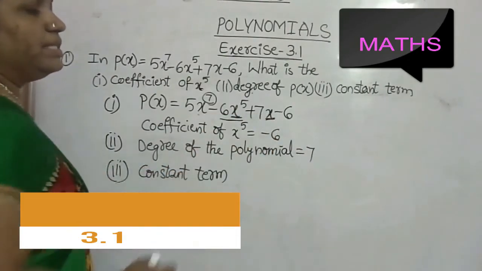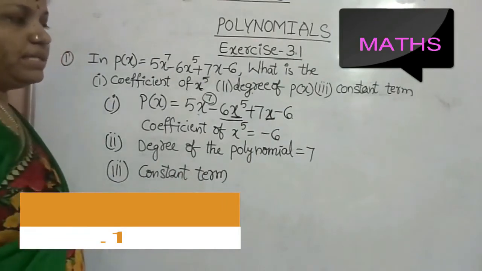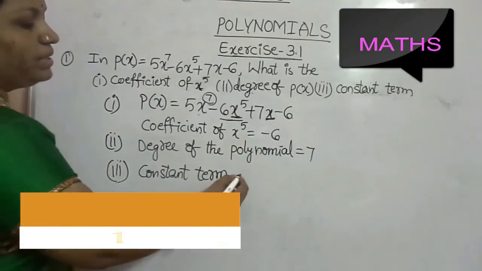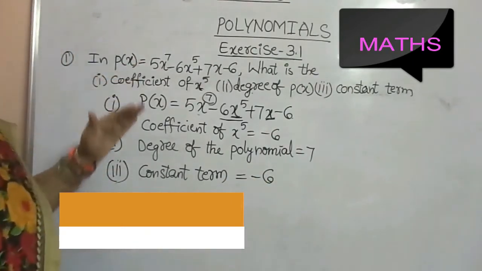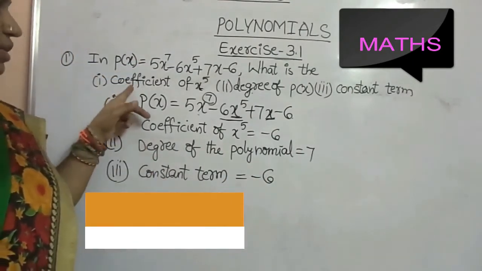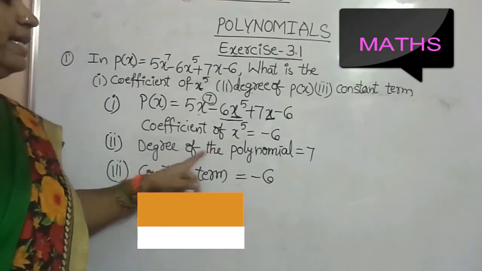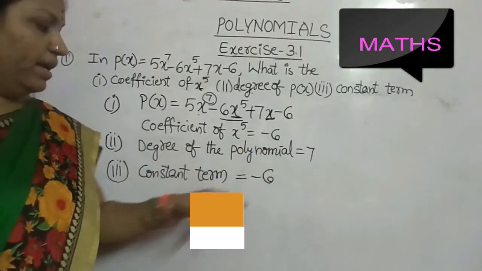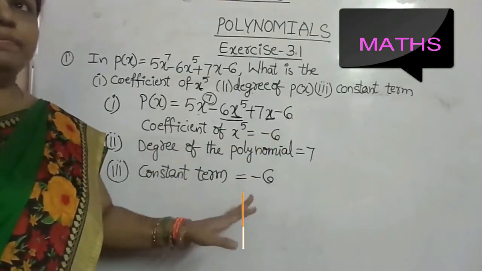Here also x is there. Only minus 6 is given without x. So the constant term is minus 6. So here we have answered the three questions. Coefficient of x to the power 5 is minus 6, the degree of the polynomial is the highest power of x, that is 7, and the constant term is minus 6.